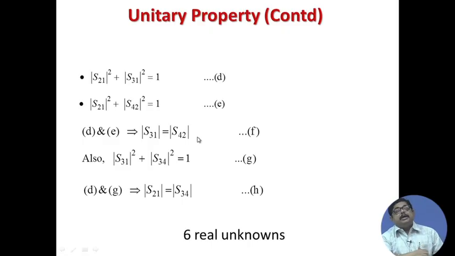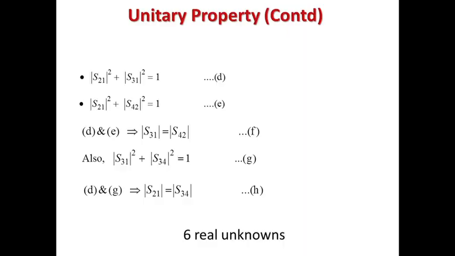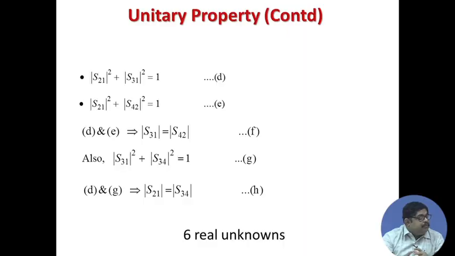So, a complex number can also be written instead of the a plus jb form, which is called rectangular form, it can also be expressed in magnitude and phase form. So, you see that here about magnitude something is seen. So, finally, from here we have got 6 real unknowns.